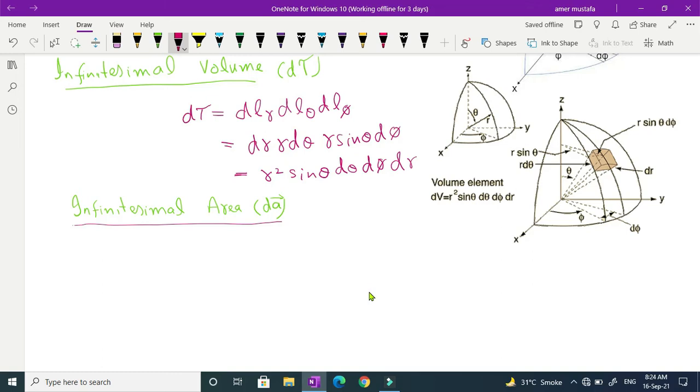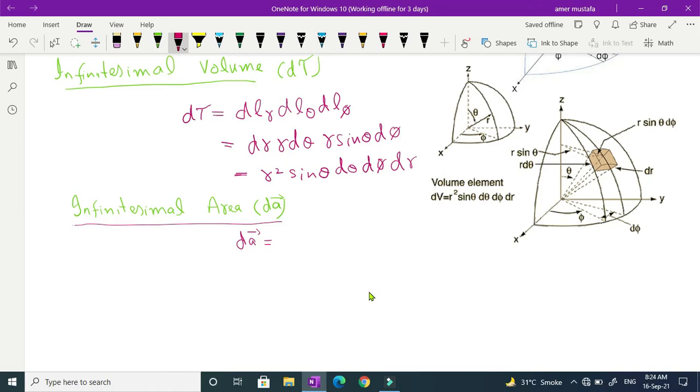Infinitesimal area is actually the product of two lengths, along the direction of r theta, or along the direction of theta phi, or along the direction of phi r.